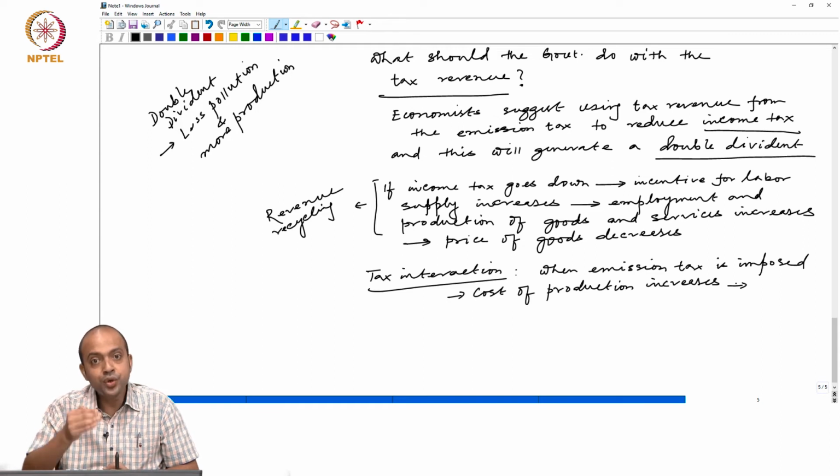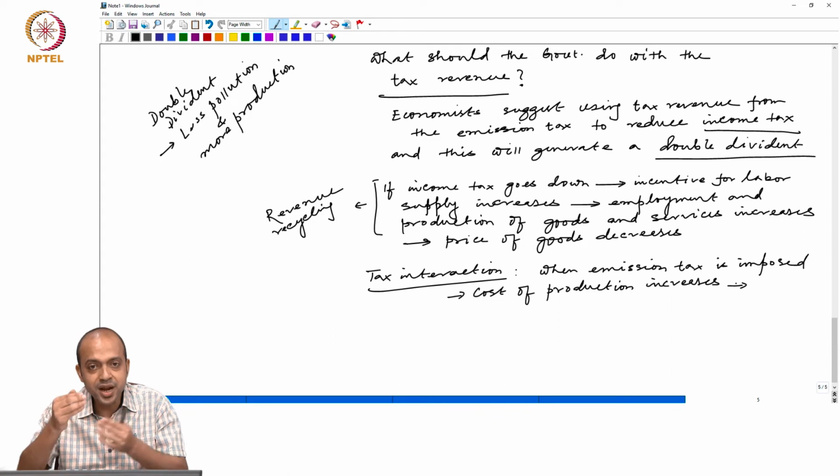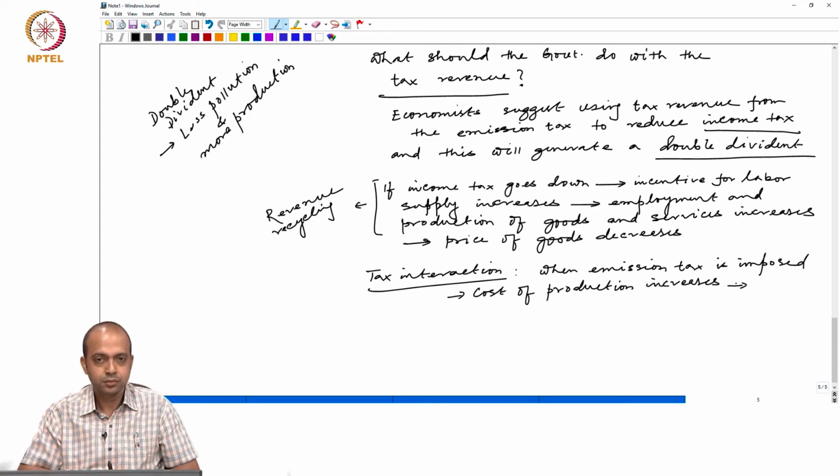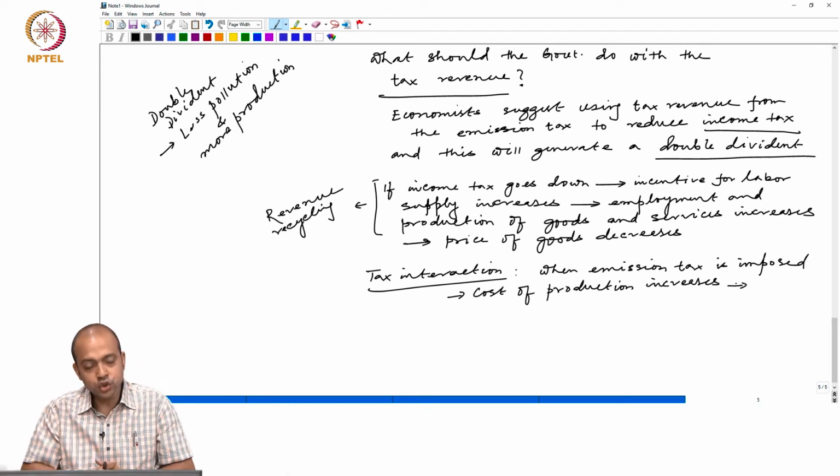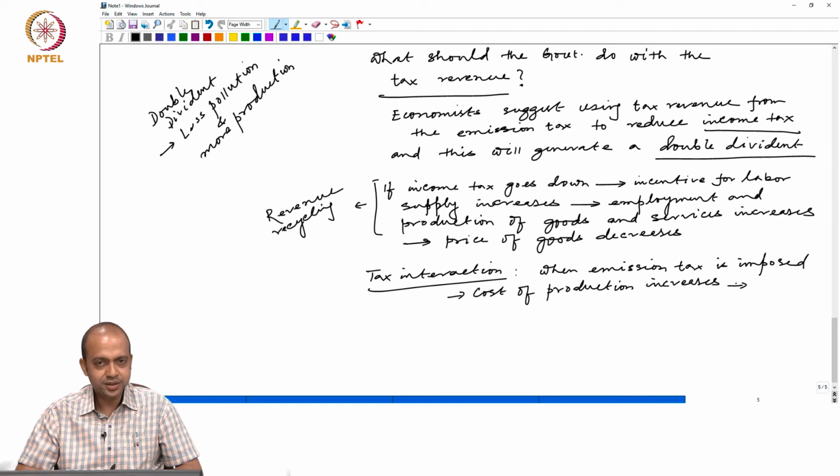How much they will bypass, that means what would be the exact tax sharing, depends on the elasticity of demand and supply. If the consumers are highly elastic, then the producers would be able to bypass less amount of the tax. If the consumers are less elastic, producers will bypass a large amount of that tax burden.